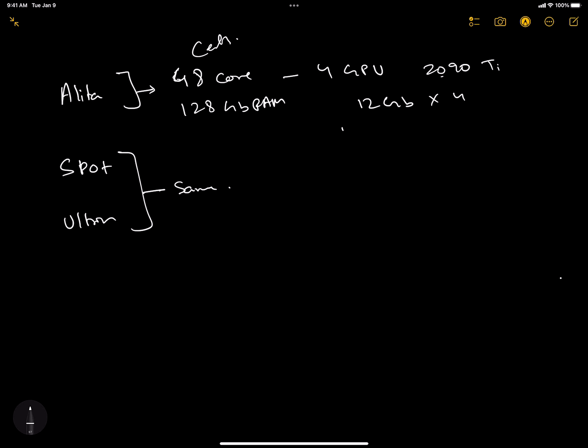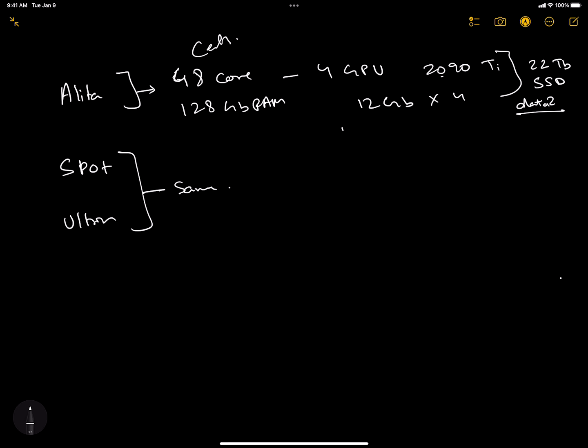On Spot and Ultron they're a little more advanced, or bigger in terms of processing power. Also on Alita we have 22 terabytes of SSD storage, and it's called Data 2. On Windows you'd call it C drive or D drive.